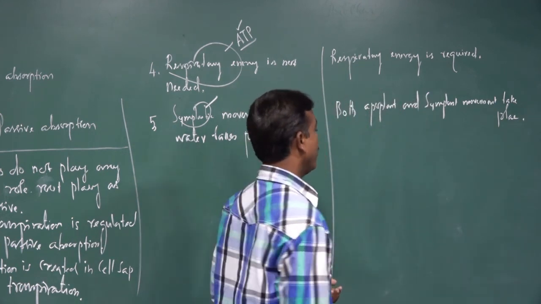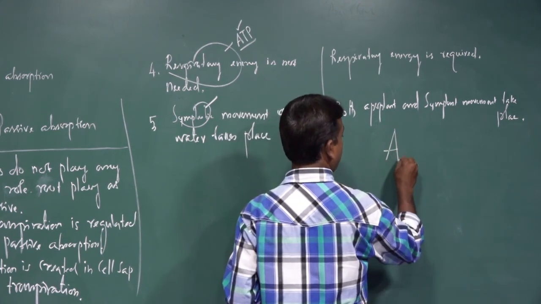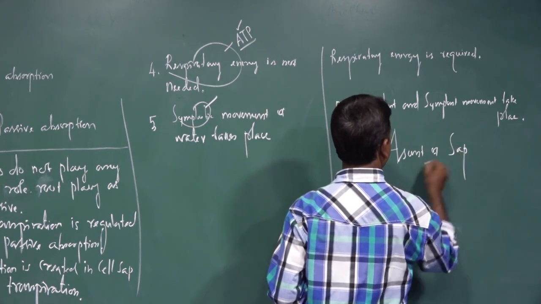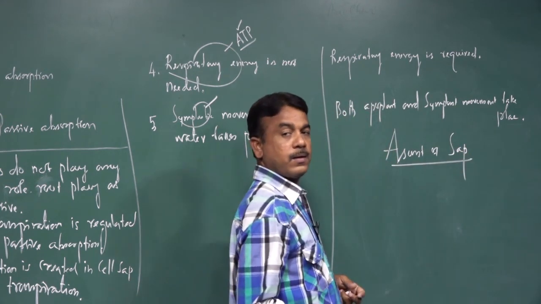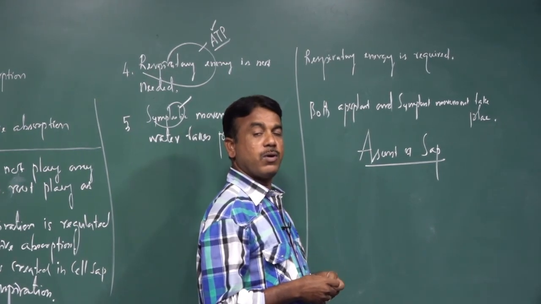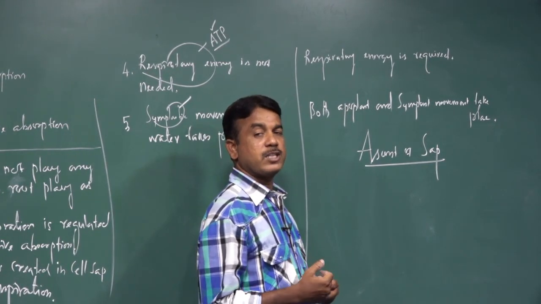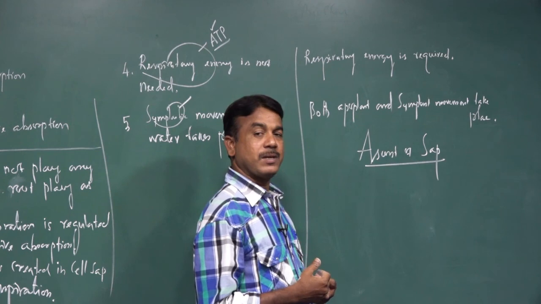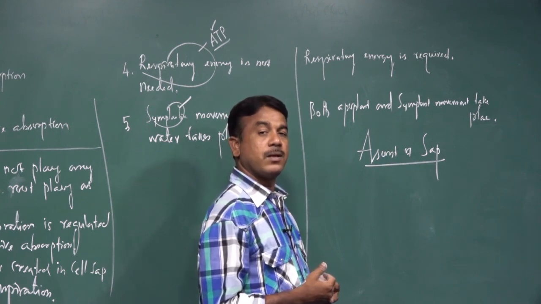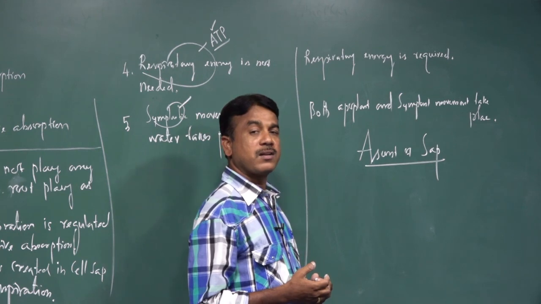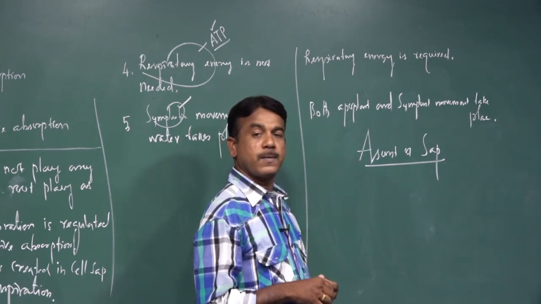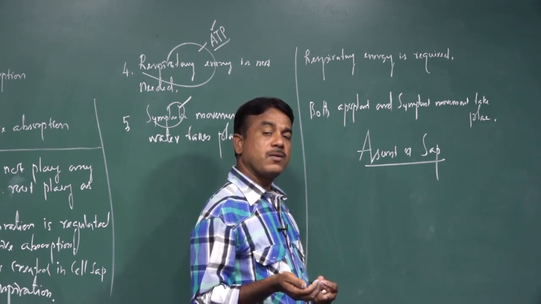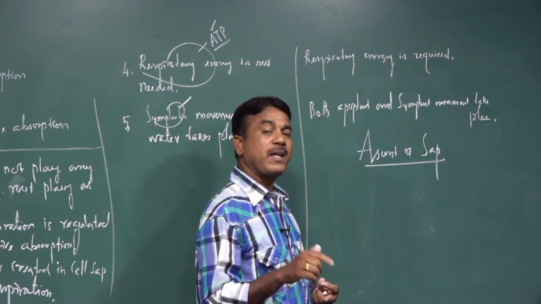Can I go to the next one, commonly called ascent of sap. In this chapter, we have to learn the mechanism of ascent of sap, or what is responsible for it. That means uptake of water and mineral salts from the root to the xylem elements.